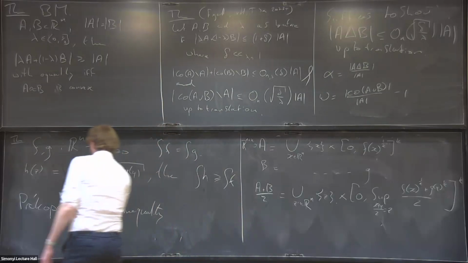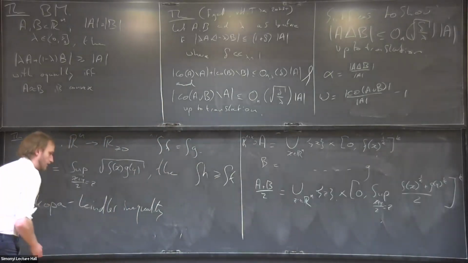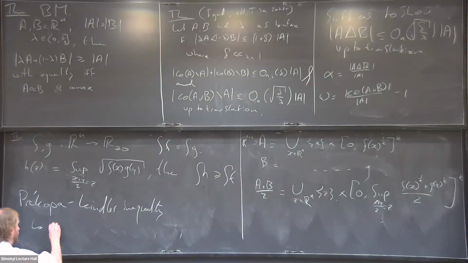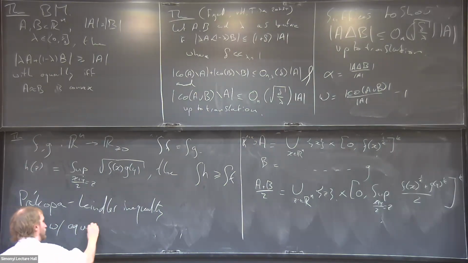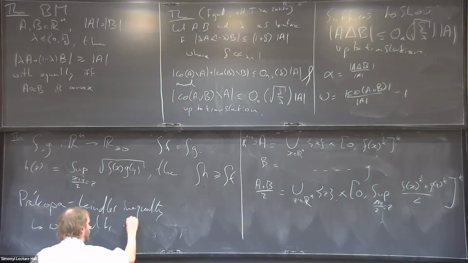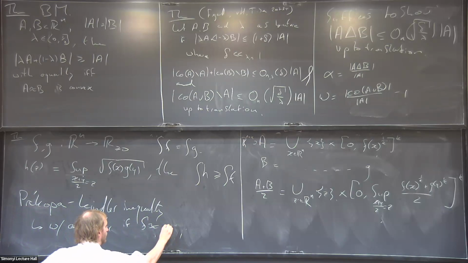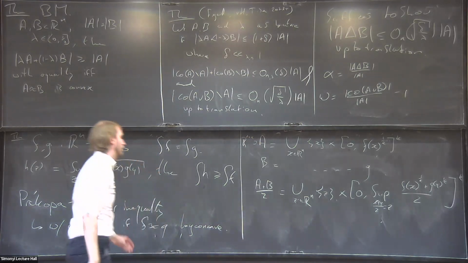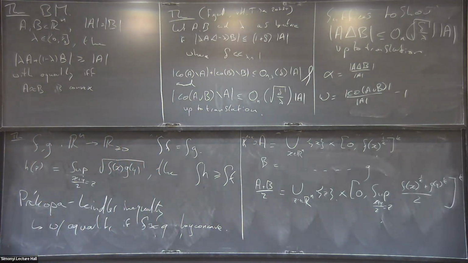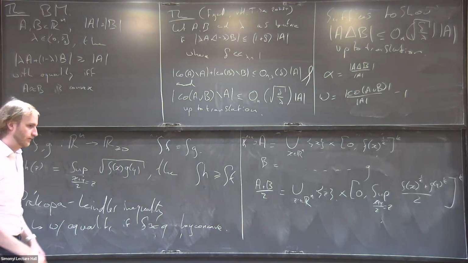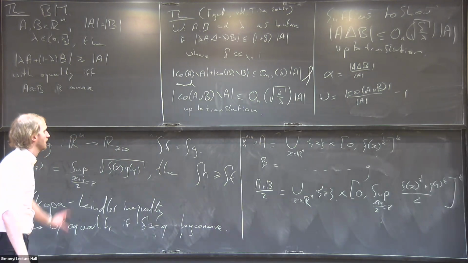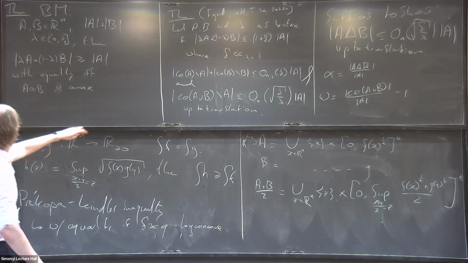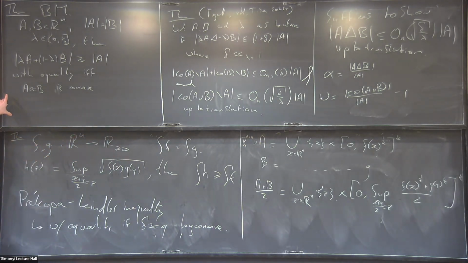So that's the inequality, this equality case that we get here. With equality, if f is essentially the same as g, it is log-concave. So compare that with the statement here.